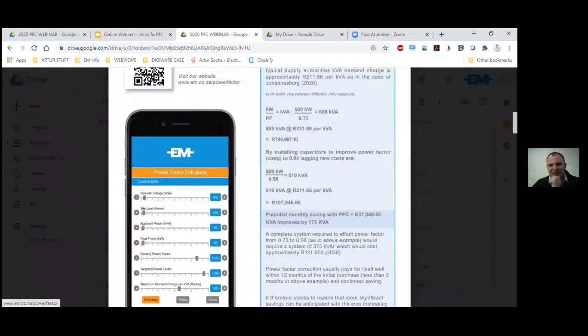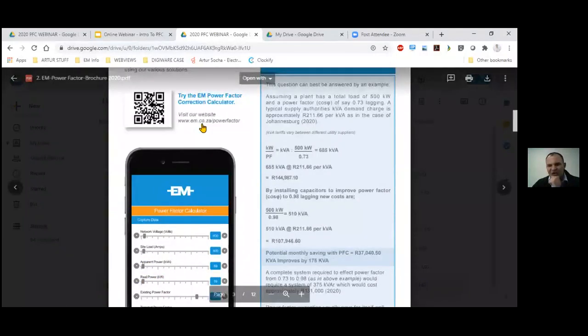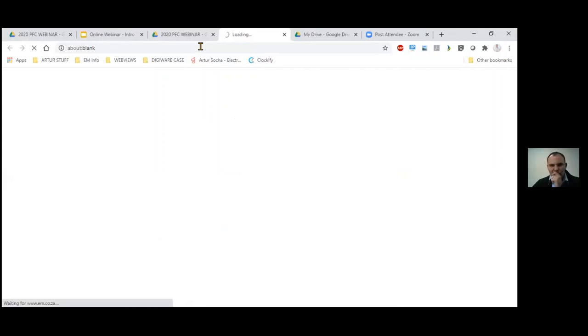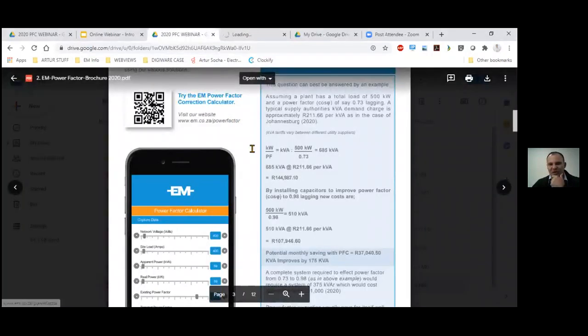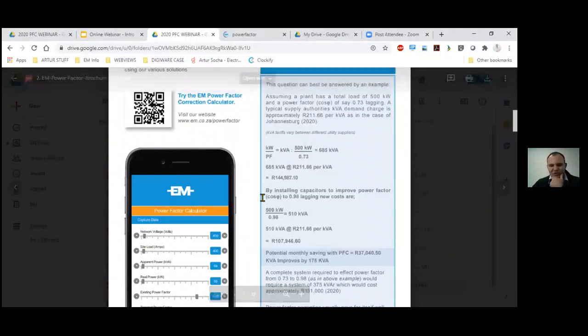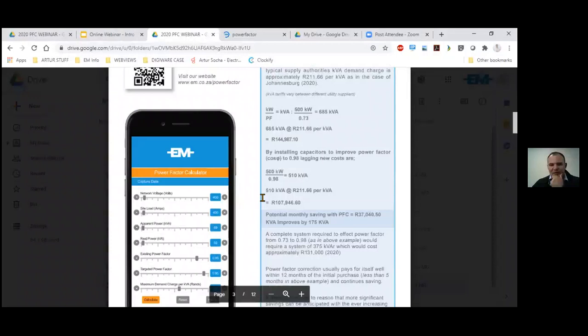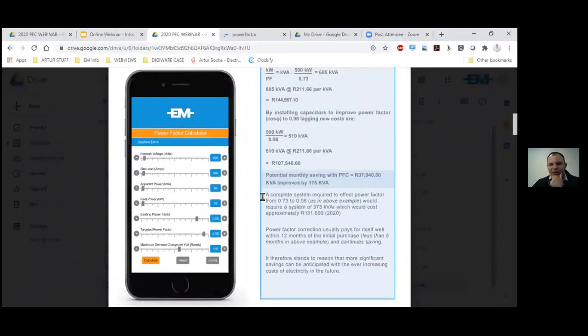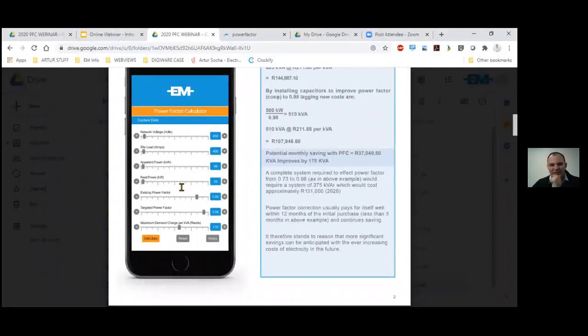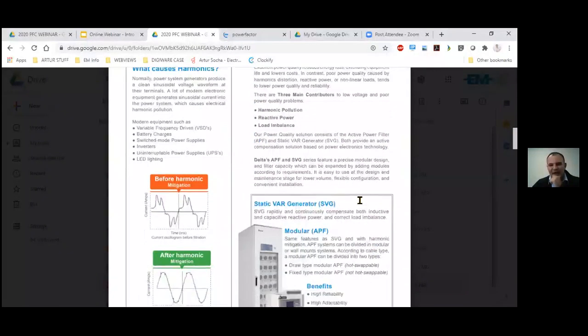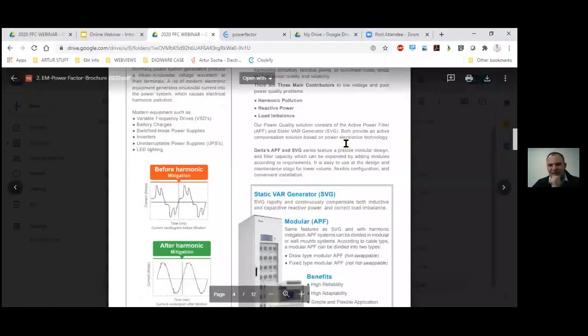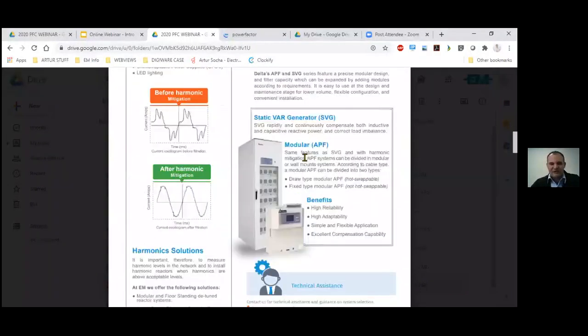On this calculator, you are able to either go to the link, and while we wait for it to load, you're able to enter the data that you require. We will overview the basics of harmonics and highlight that we have products for this.